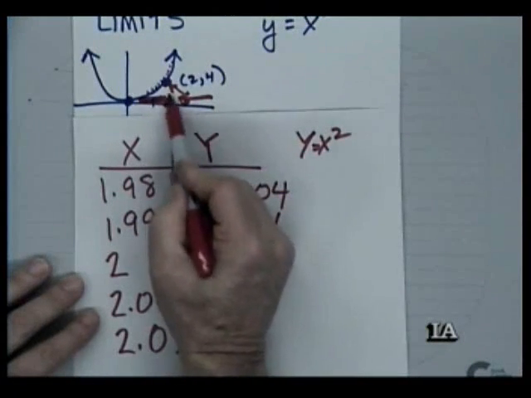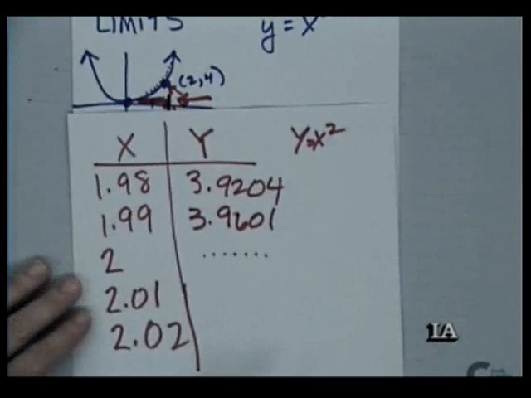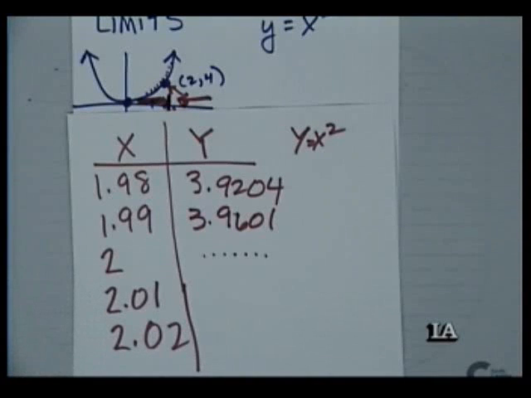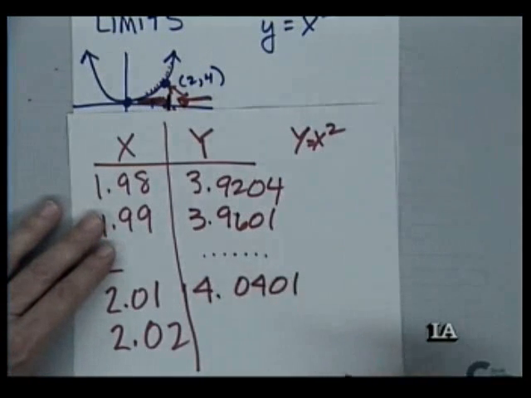I didn't say anything about actually getting to 2, so I'm just going to hold off on this value right here because as far as the limit's concerned, that value really is not that important. Let's try 2.01 and square it, and I get 4.0401.